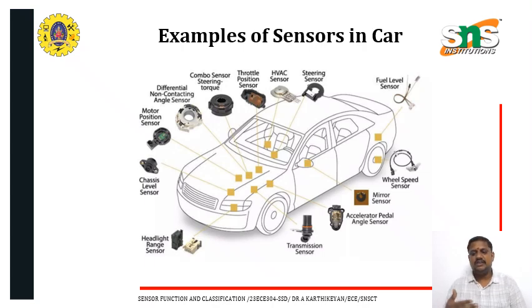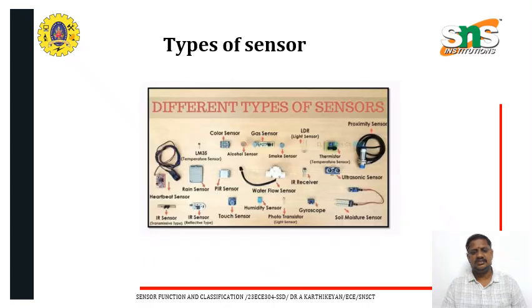Also the headlight range: it automatically detects darkness, senses it, and glows the light according to the density of darkness. And also fuel level sensors, motor position sensors, steering sensors, and many more sensors are available in cars. Those are the main applications of sensors.